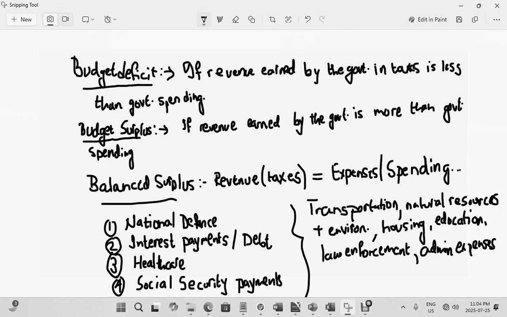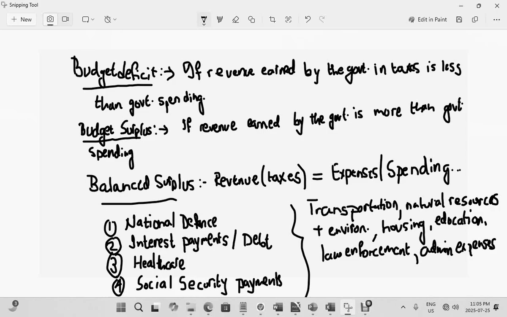So these are the categories that the government spends their money on, and much of the government earnings are from taxes. Some categories obviously have a bigger allocation on a chart or a graph, and this has to do with national defense, interest payments, healthcare, and social security payments.